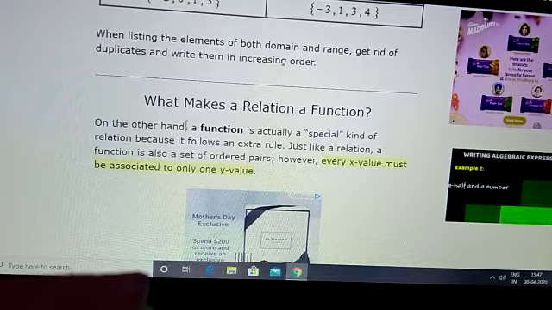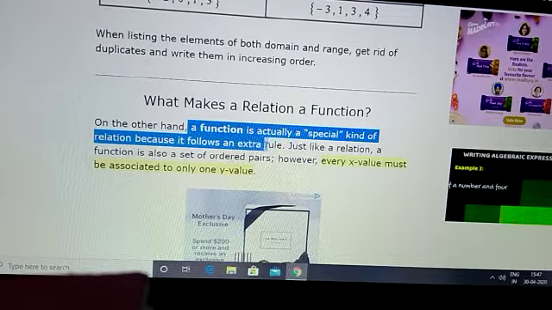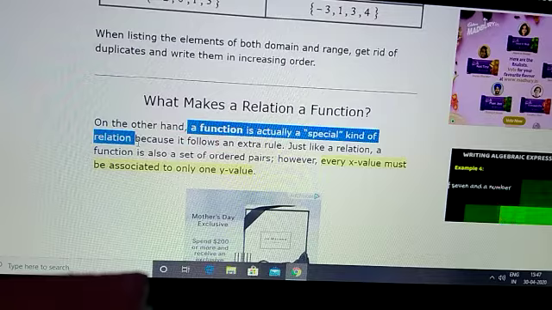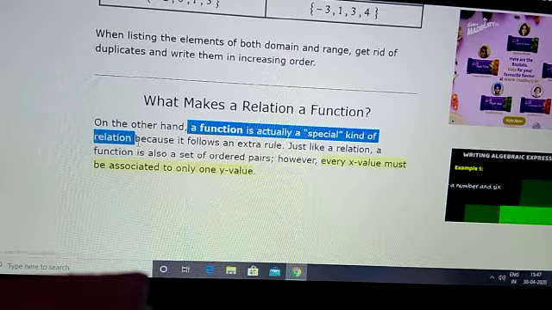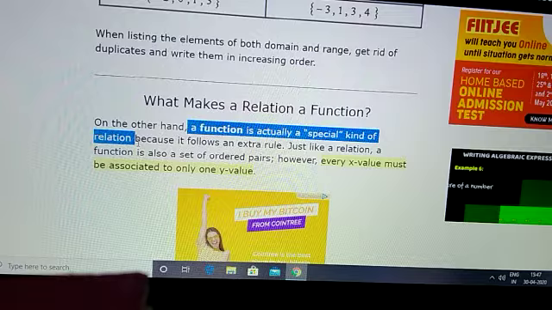A function is actually a special kind of relation. Just need to understand this one: a function is actually a special kind of relation. It means that not all relations are functions, but all functions are relations.